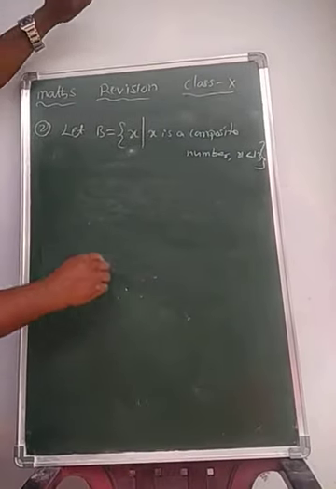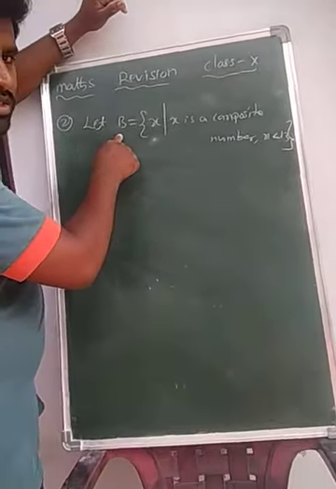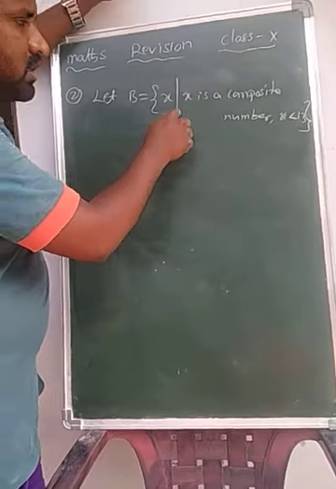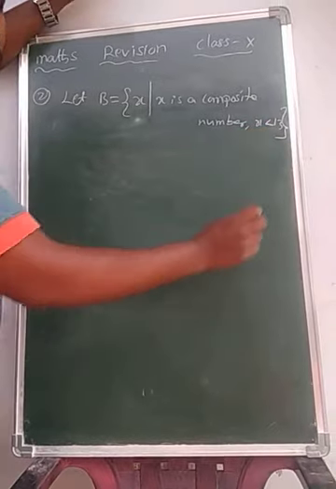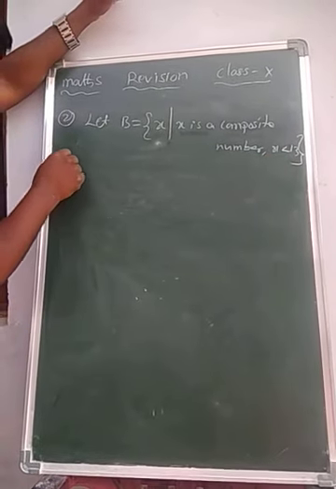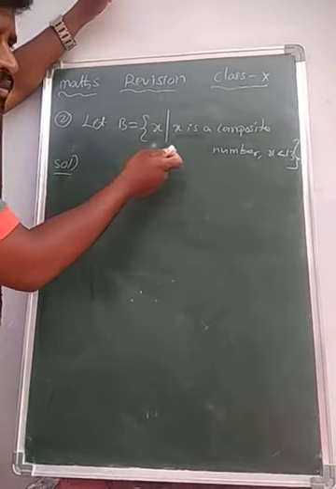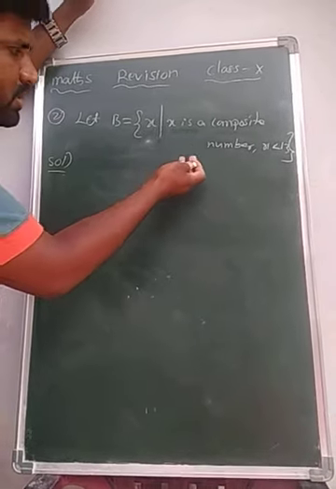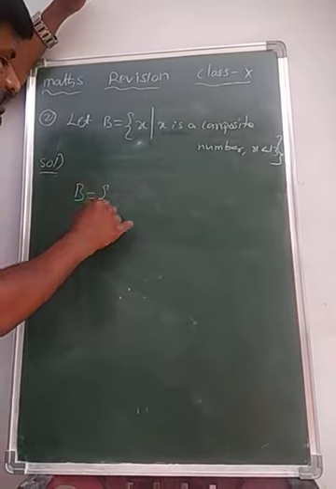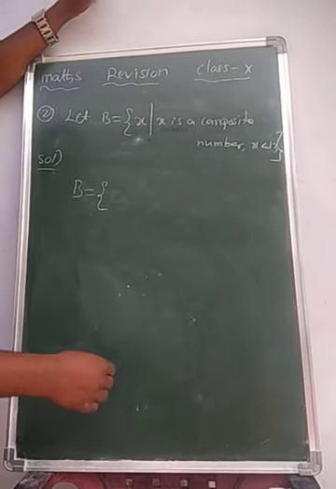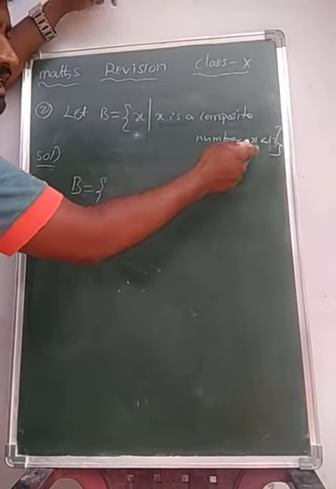What is the question? Set B is equal to x such that x is a composite number, x less than 13. Now again it is given in set builder form. I am going to write this one in roster form. Set B is equal to the composite numbers less than 13.